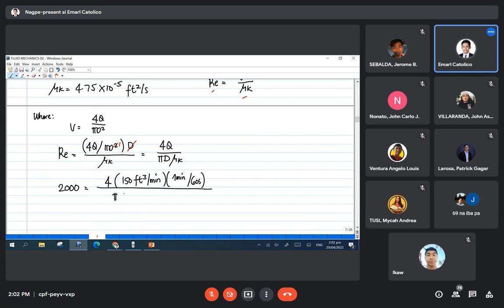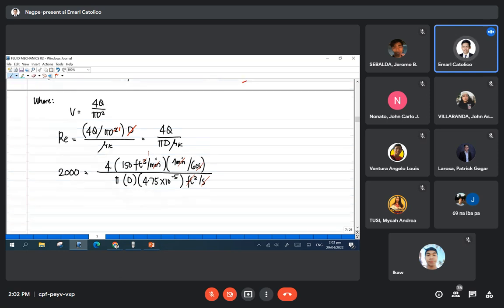Then pi times D times kinematic viscosity of 4.75 times 10 raised to negative 5 feet squared per second. By cancellation of units, cancel cubic feet, cancel second, so ito isa na lang. Okay, so unit natin dito ay in terms of feet.